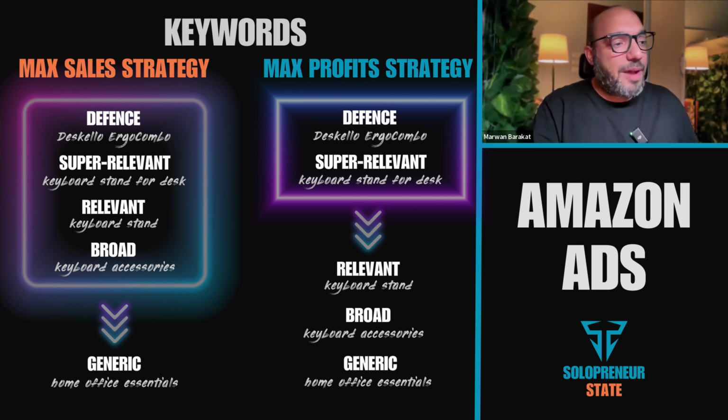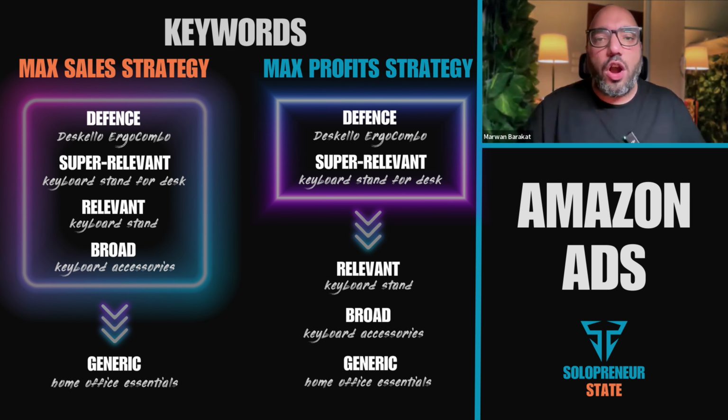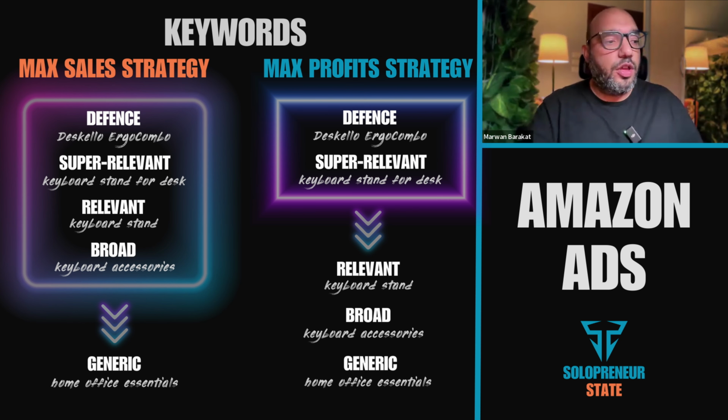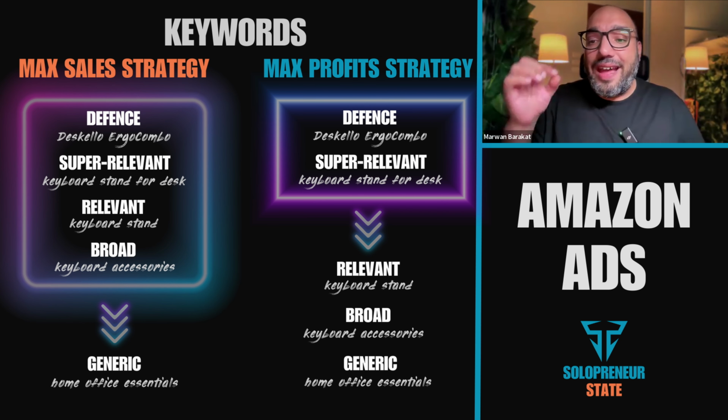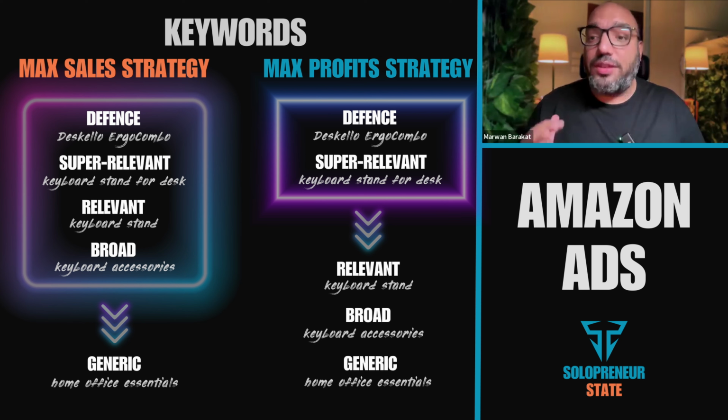But in the maximize profits strategy, here, we don't want to get too many sales at any cost. We want to get sales only when we're profitable and only scale when we're already profitable. So we're only going to start with these two types of keywords: defense keywords and super relevant keywords. If we're not profitable at the super relevant campaign level, there's no way we can be profitable in the relevant or generic or broad campaign levels.